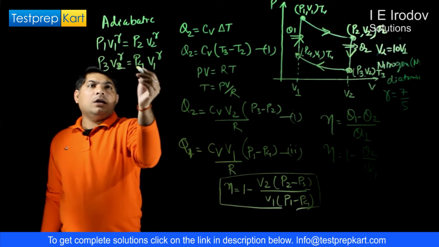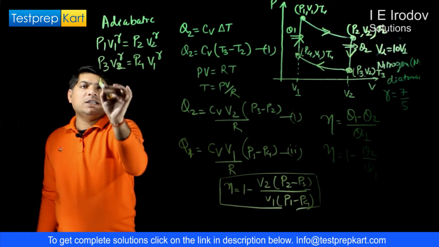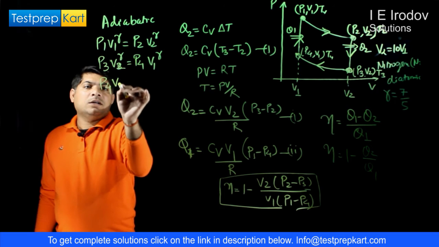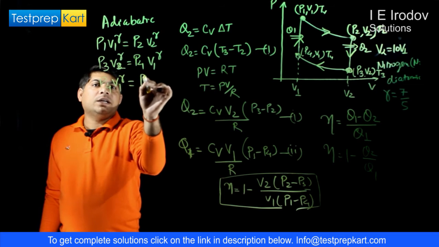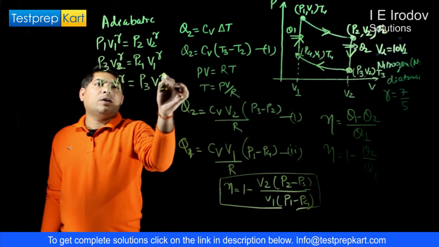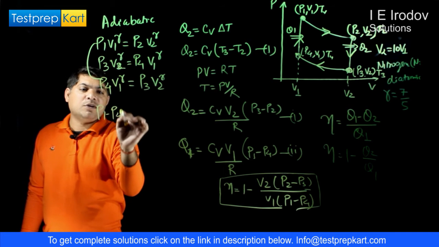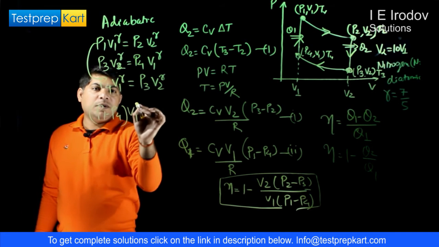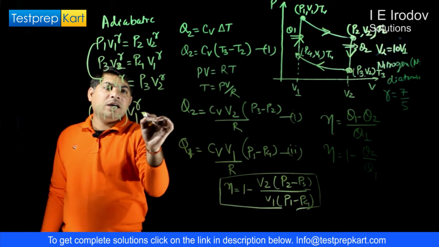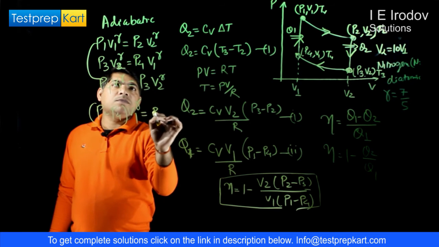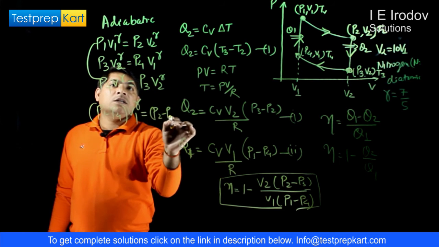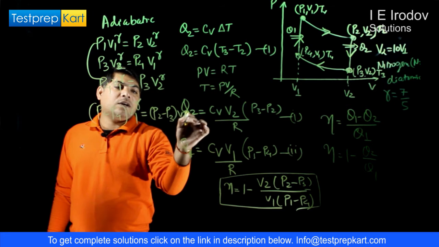If we rearrange this for the sake of simplicity, we can write (P1 minus P4) into V1 to the power gamma is equal to (P2 minus P3) into V2 to the power gamma.